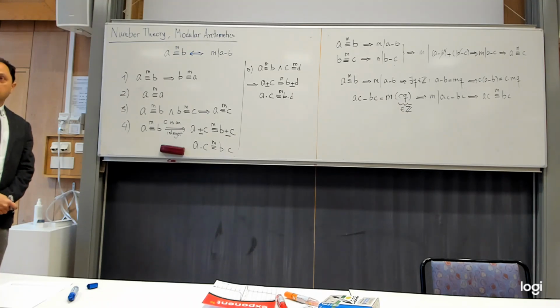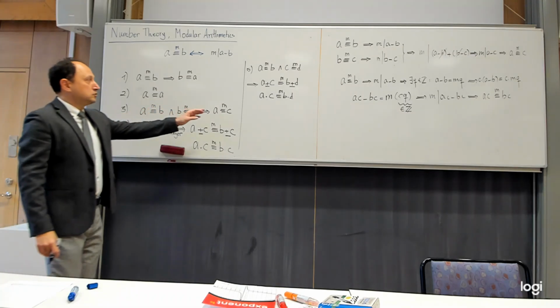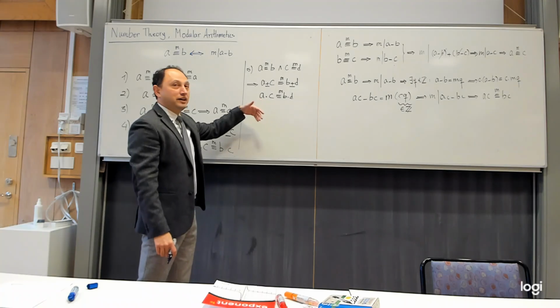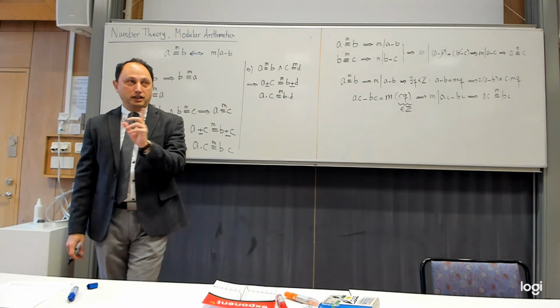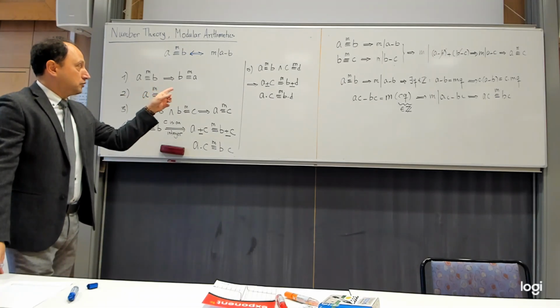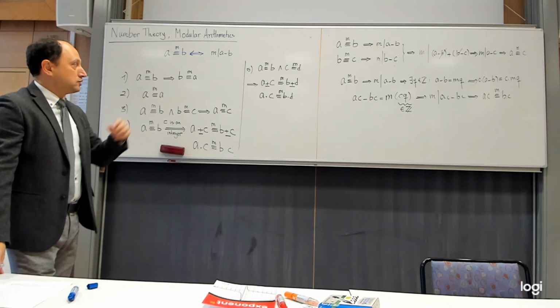Yes? And I want us together to prove the last one. Don't take these things for granted. It's a very nice thing because everything acts very naturally, but there is no reason that this should be the case. We have to prove that.